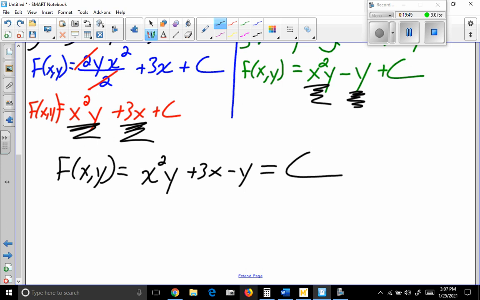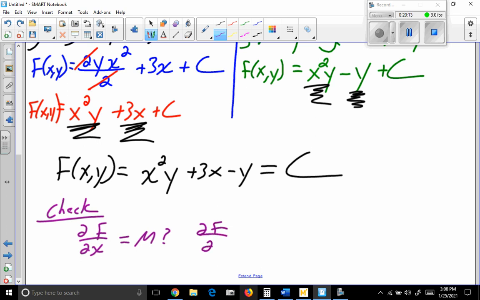Now you might say, I'm not sure why we have the 3x and the y's. Well, let's just check. So if we want to check, let's see if we take our function f with respect to x, is that going to give M? When we take this function and take the derivative with respect to x, y is a constant.